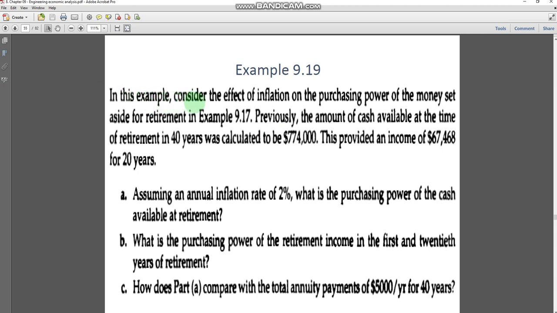In this example, consider the effect of inflation on the purchasing power of the money set aside for the retirement in the example 9.17 previously. The amount of cash available at the time of retirement in 40 years was calculated to be $774,000. This provides an income of $67,468 for 20 years.